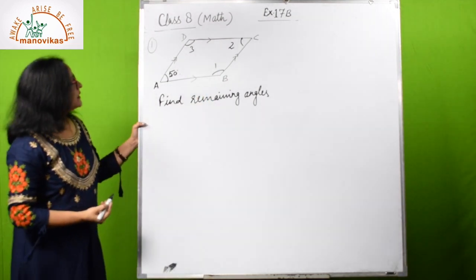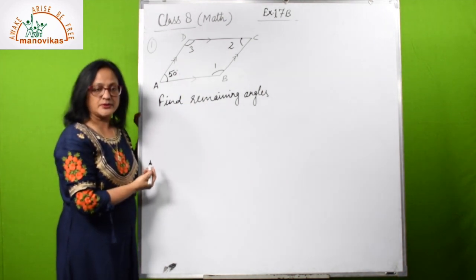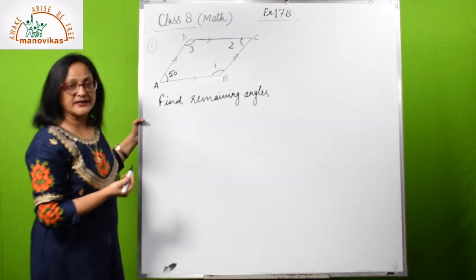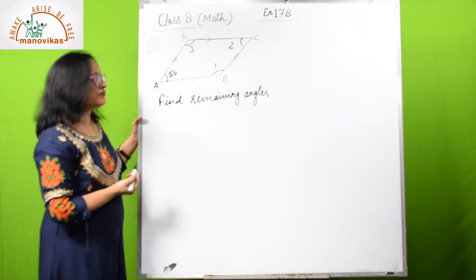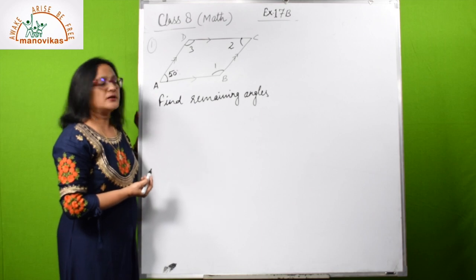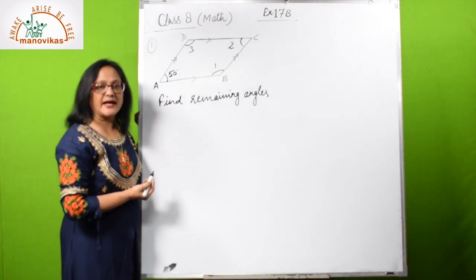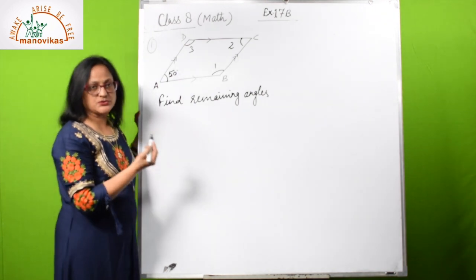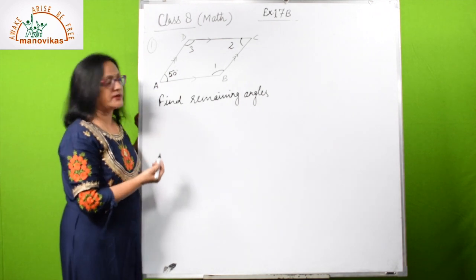Now, parallelogram property, if you remember, I have given you three categories of properties. One is the angle property of a parallelogram, second was the side property of a parallelogram, and the third one was the diagonal property of a parallelogram. Each for a rectangle, square, rhombus, means in each parallelogram.